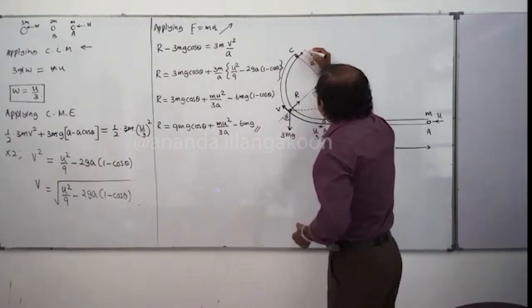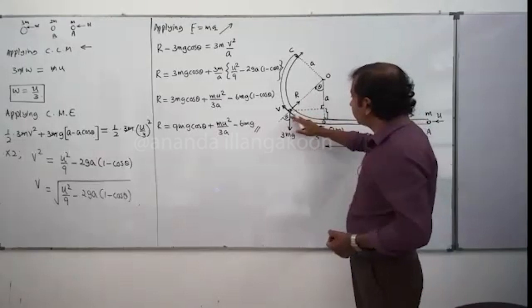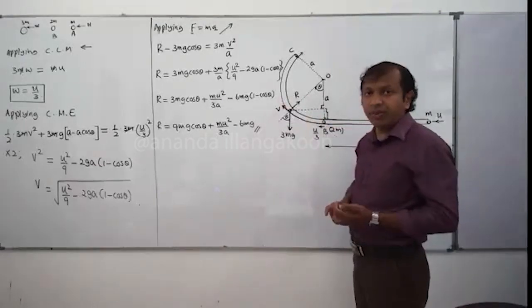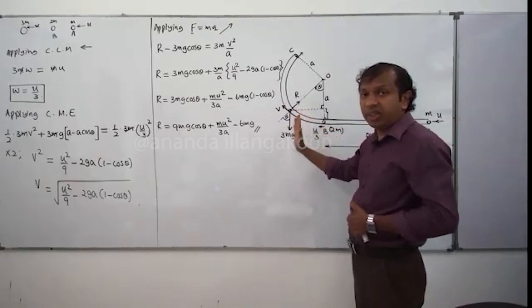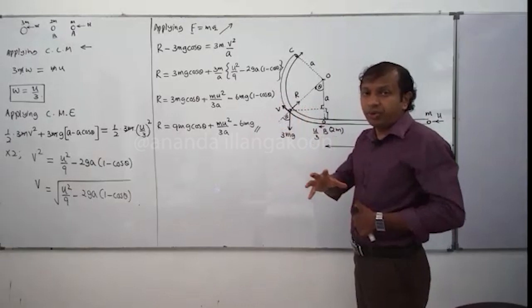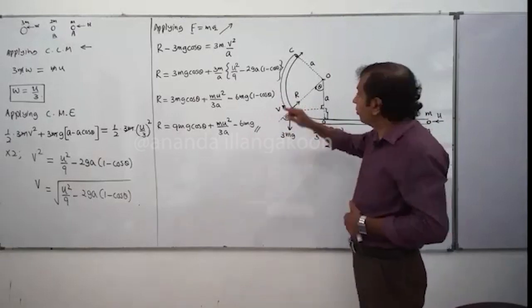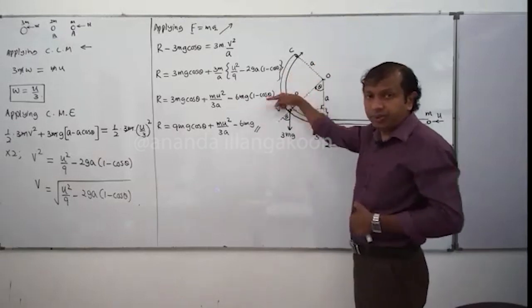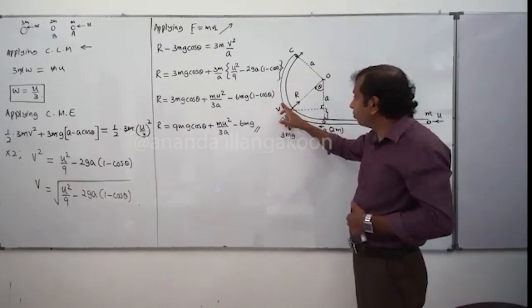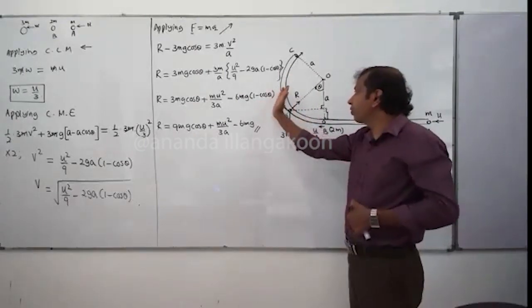Since the particle is moving inside this tube, the normal reaction R does not disappear. That R is always acting on the particle. Its direction can be inward or outward, because once the particle makes contact with this inner surface, the normal reaction comes in outward direction. If it makes contact on this surface, the normal reaction comes in inward direction.